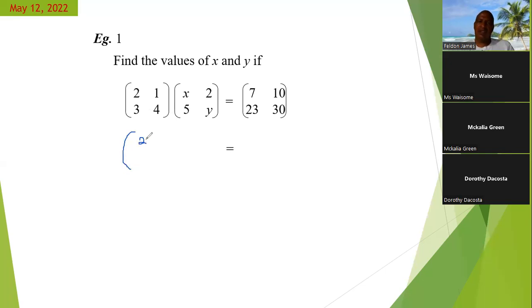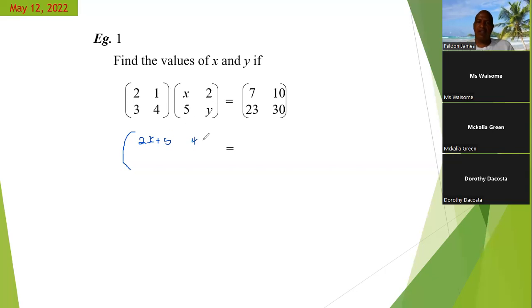Then the same row with the second column: 2 times 2, which is 4, and then 1 times y, which is y.